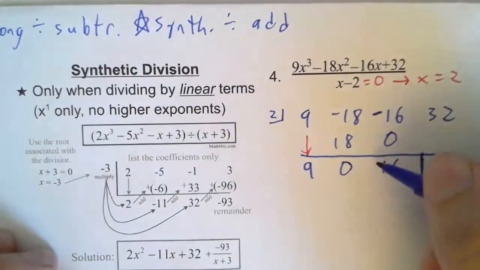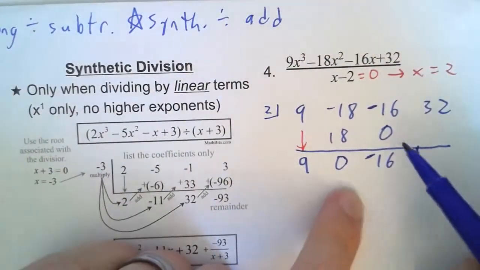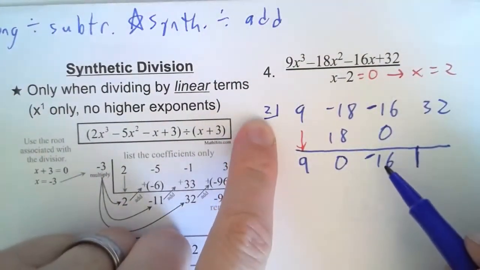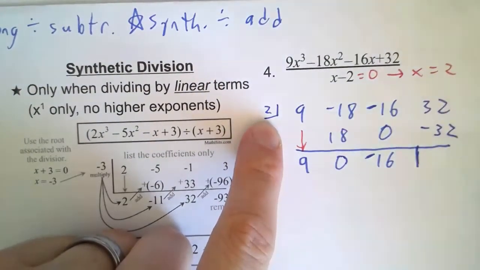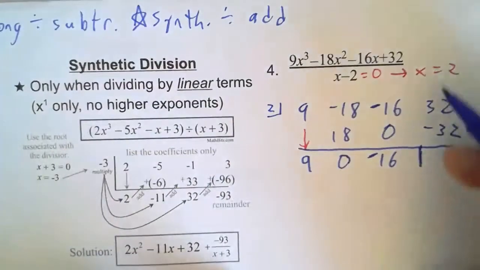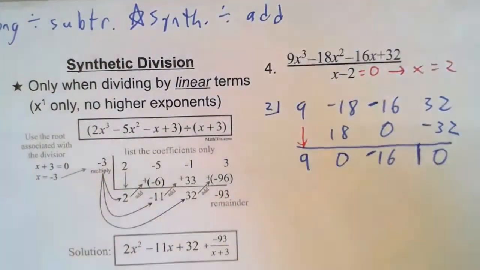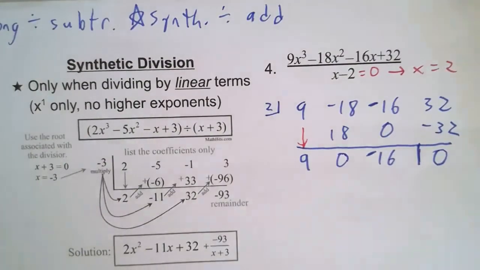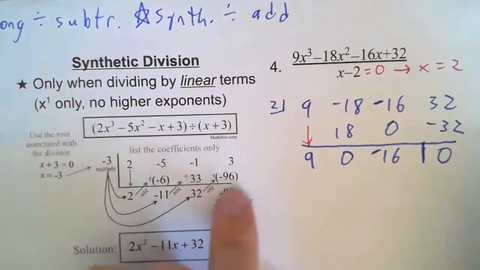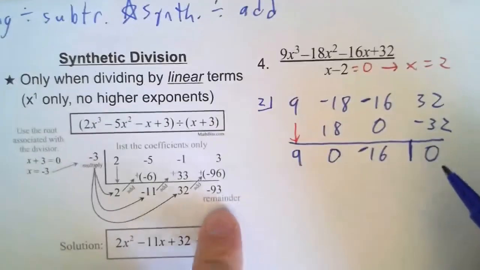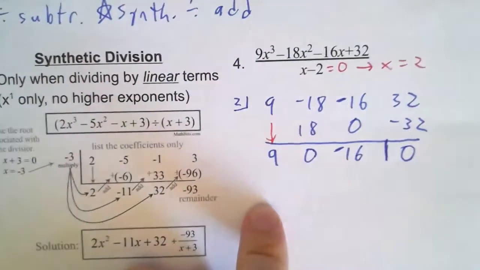That should have been negative 16. Thankfully, a nice easy fix before I went too far. So 2 times negative 16, multiply diagonally, and write the answer diagonally up there. And then add those numbers together. And I remembered the remainder was 0. That's why I knew I made a mistake somewhere. Of course, it's not always 0. I just remembered this one was. Okay, so now that we've got these numbers, we've got to turn these numbers into an answer.